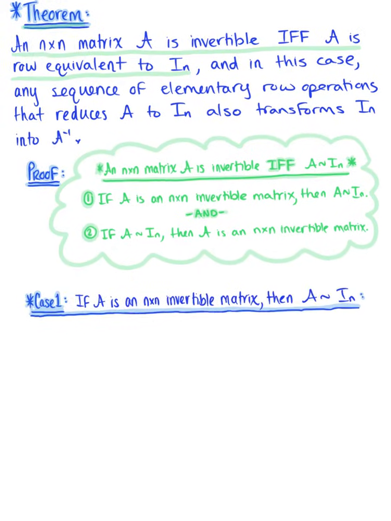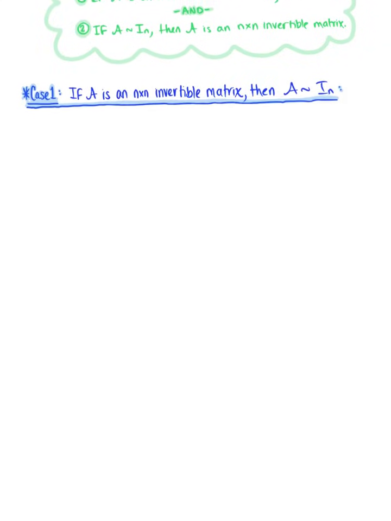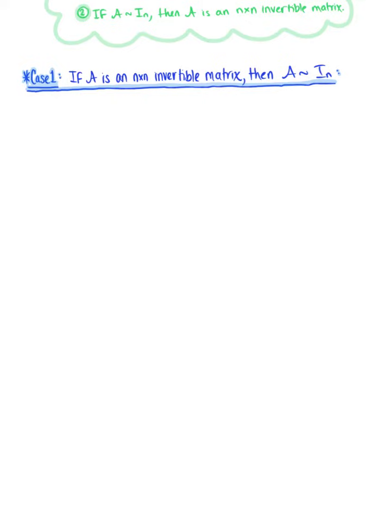So here we go. If matrix A is an n by n invertible matrix, then matrix A is row equivalent to the n by n identity matrix. So to begin, let's suppose that matrix A is an n by n invertible matrix.